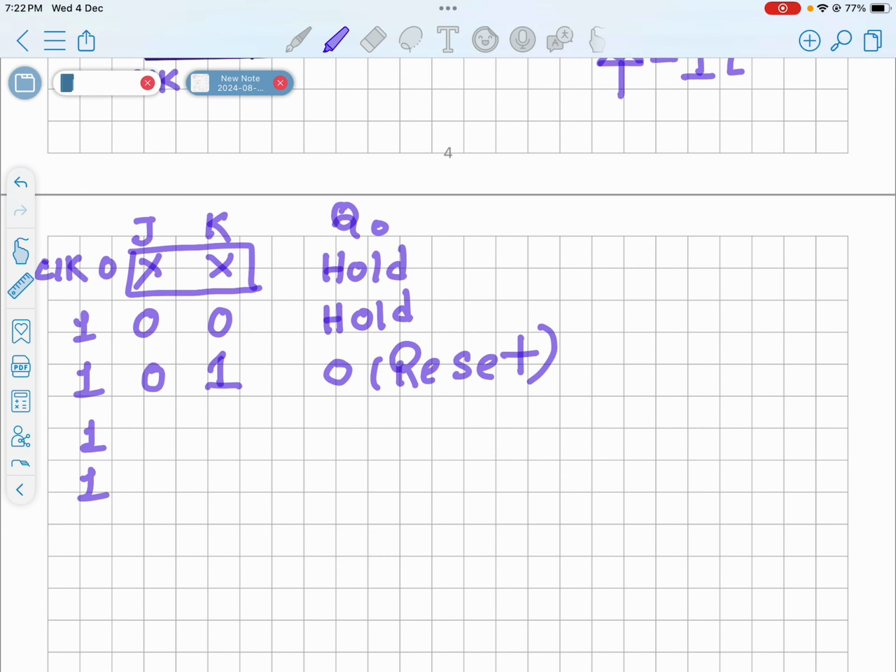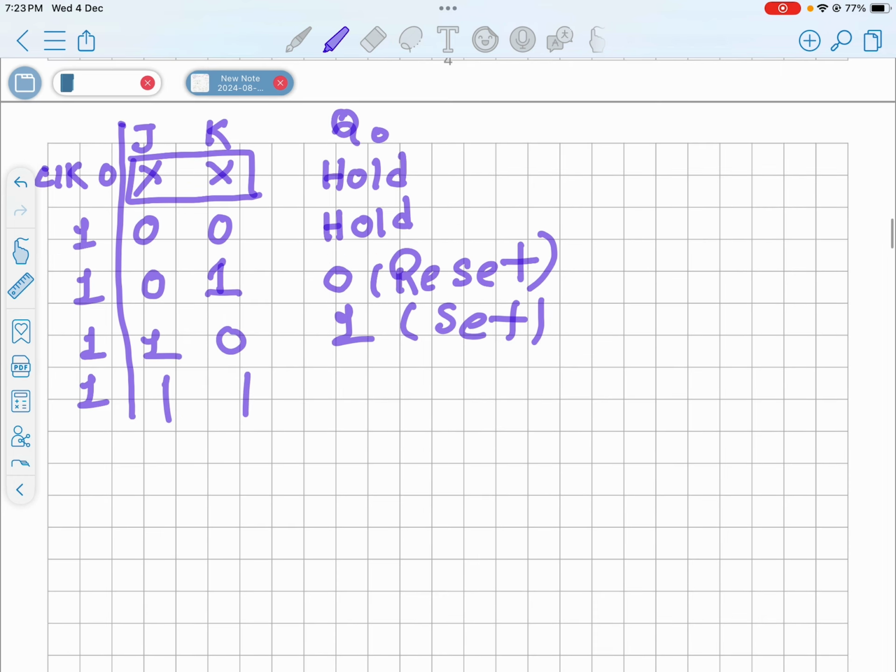If J is 1 and K is 0, then it will be the set condition. That means the output will be 1. And if both are 1, then what will happen? It will be the complemented output.